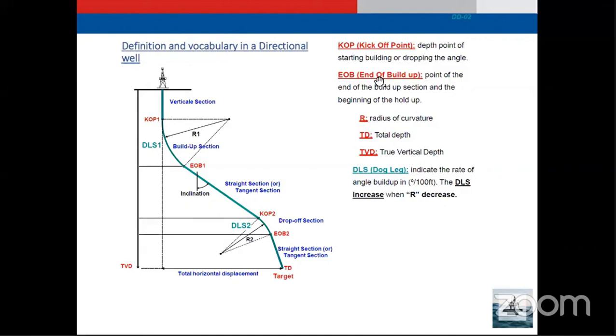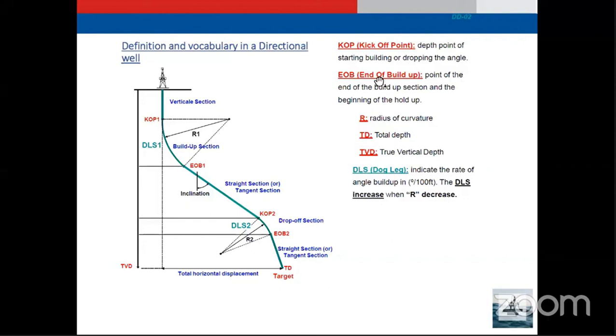Another question: say we drill first vertically, then we take angle. How do we insert the casing in the inclined section? I think it is difficult to insert the inclined casing in the vertical section. This is a great question, and it is another topic that can be discussed as a whole.